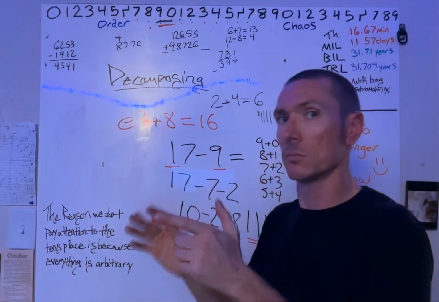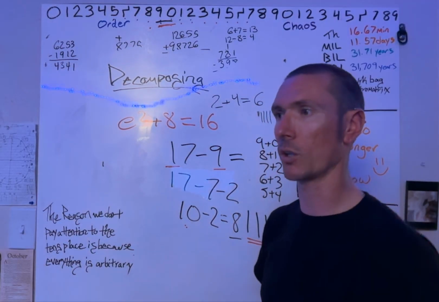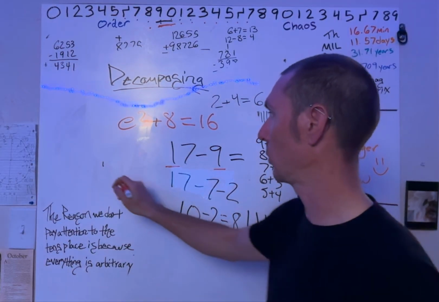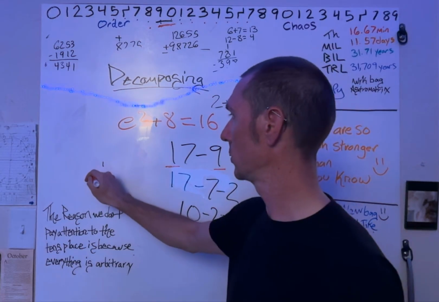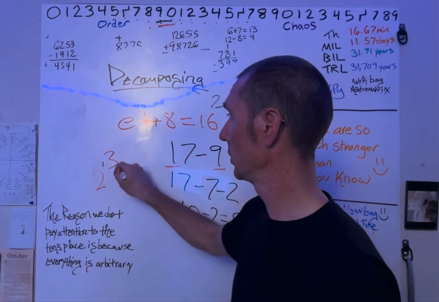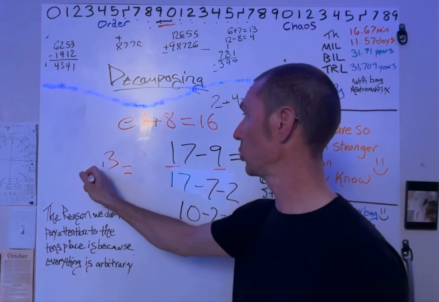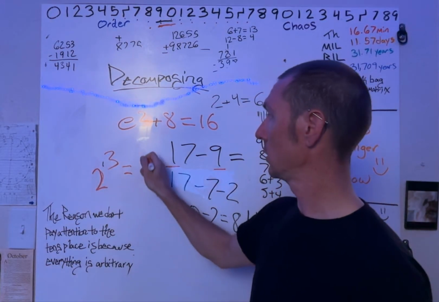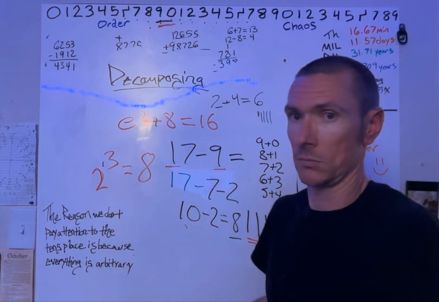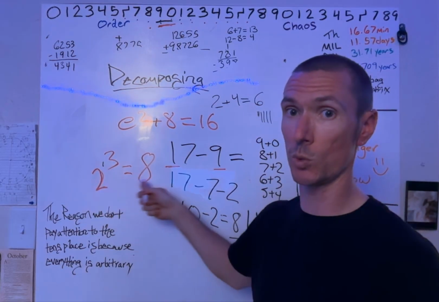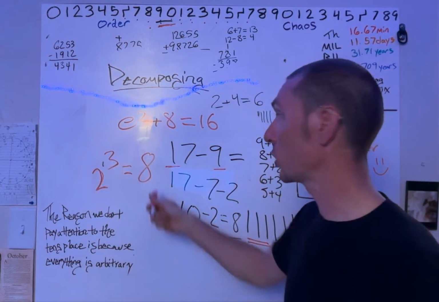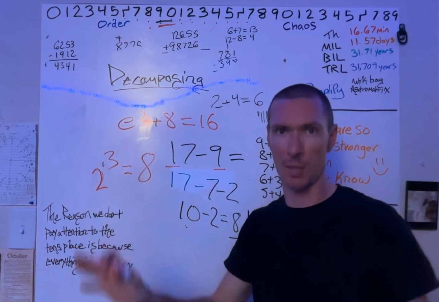That's all equations are. It's just different ways of representing a number. Because 2 cubed is just a different way of writing out 8. When I write 2 cubed, what I'm saying is 8. Anyway, you can represent any number an infinite amount of ways.